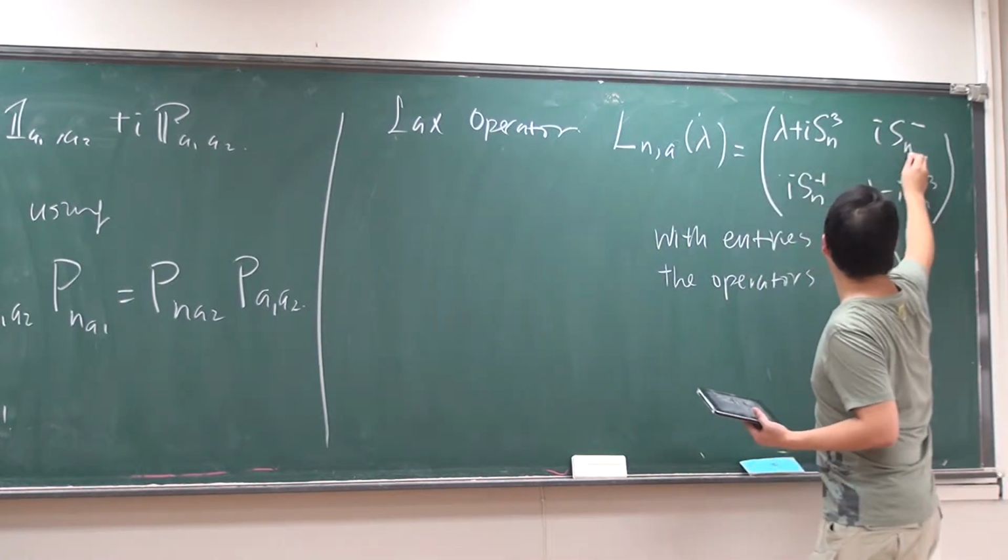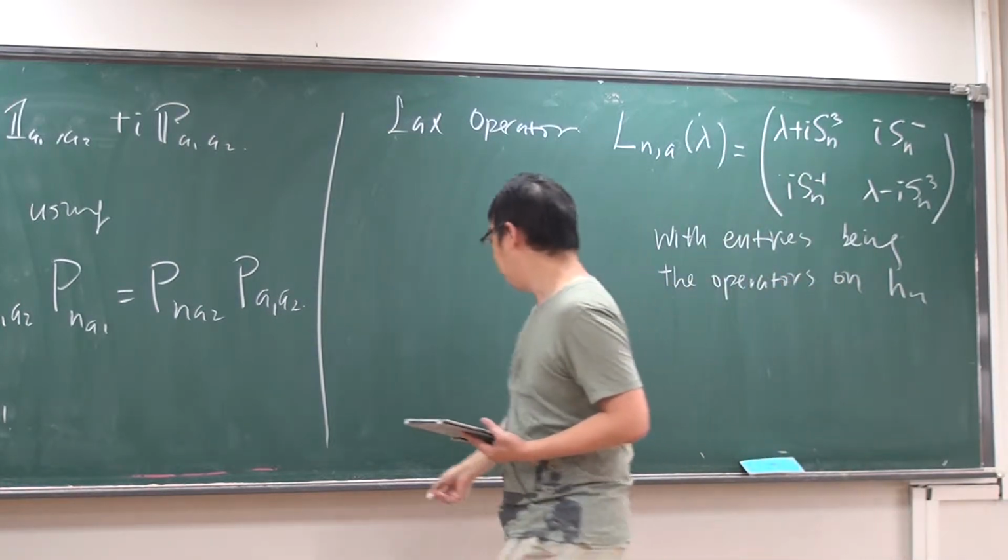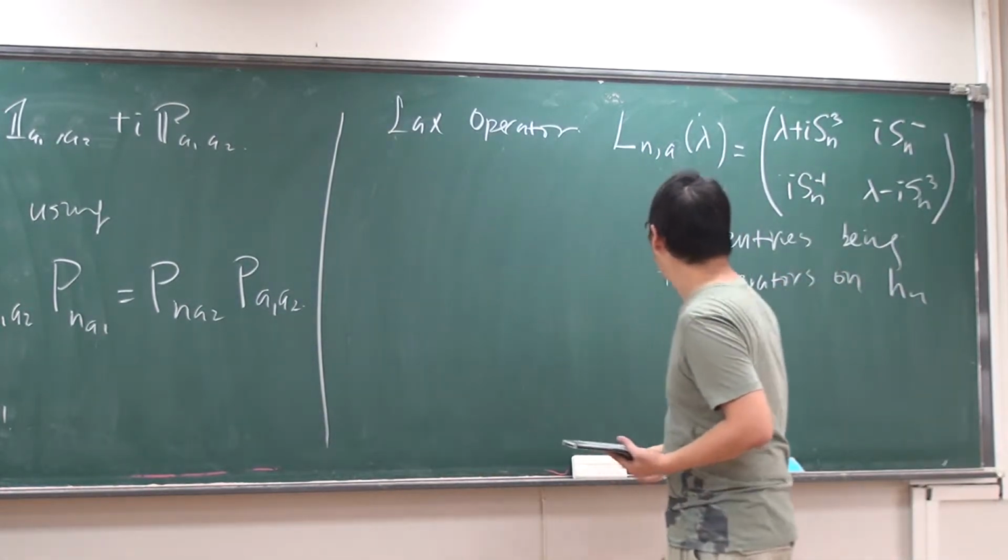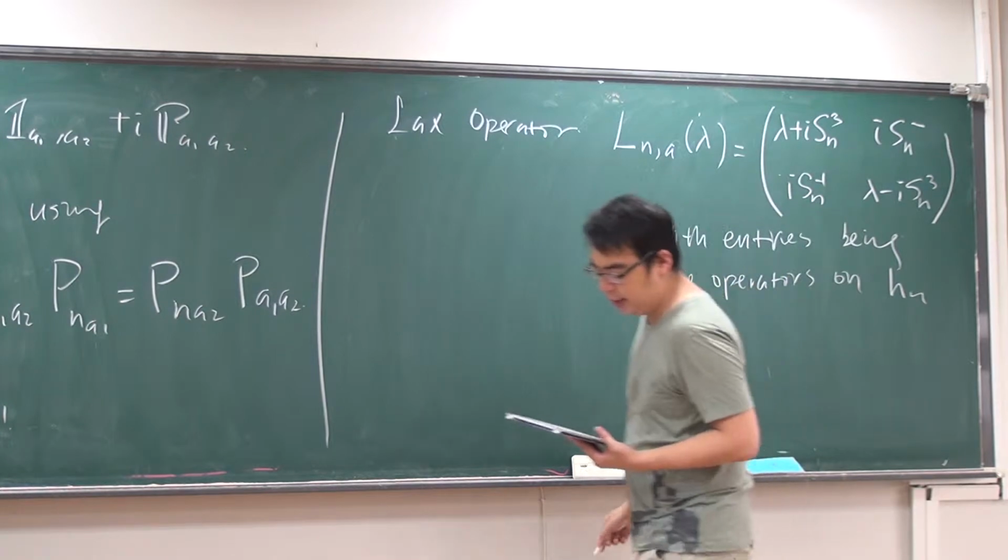So all these are 2 by 2 matrices on the Hilbert space Hn.